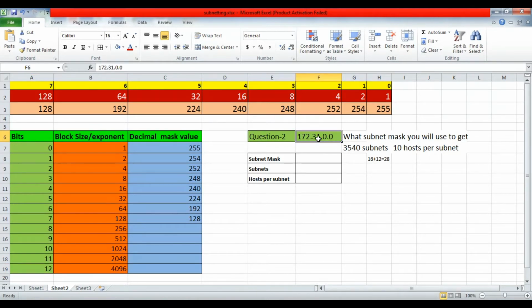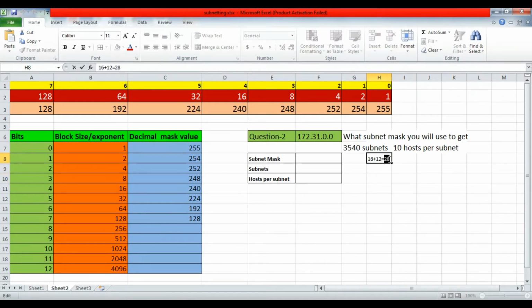So 16 plus 12 becomes 28, slash 28. The slash 28 is the CIDR notation, which means that the first 3 octets are reserved for the network. 8 3s are 24, and from the 4th octet we have 4 bits reserved for the network.